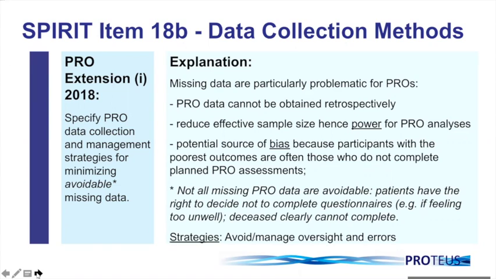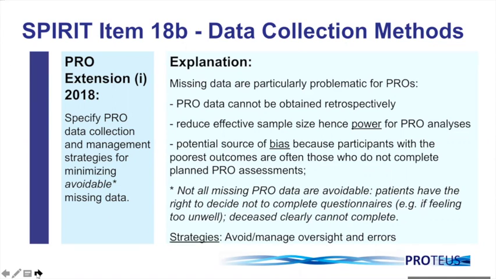So if you miss it at a planned assessment, it remains missing forever. Second, once you have missing data in your data set, then you effectively reduce the sample size and hence the power for the PRO analyses. And third, and most worryingly, it's a potential source of bias. Why? Because participants with the poorest outcomes are often those who do not complete the planned PRO assessments.